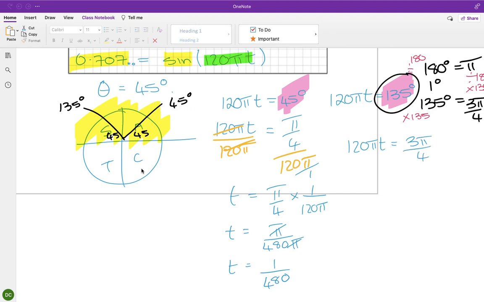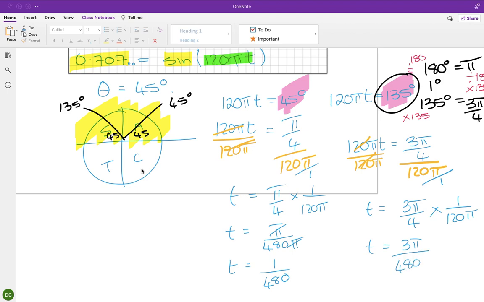Divide by 120 pi to cancel. So t is 3 pi over 4 over 1, so multiplied by 1 over 120 pi. That is 3 pi over 480 pi, they cancel. 3 divided by 480 is 1 over 160.